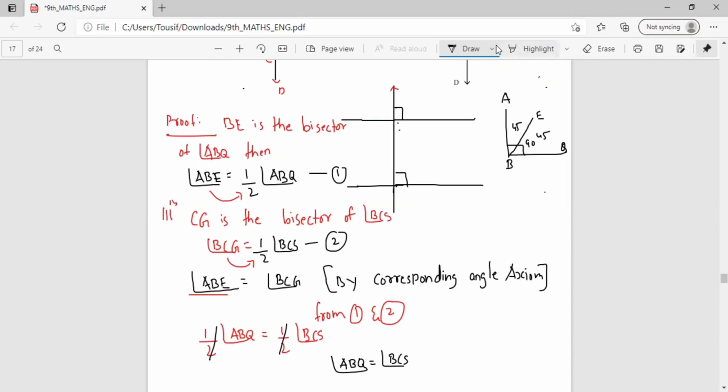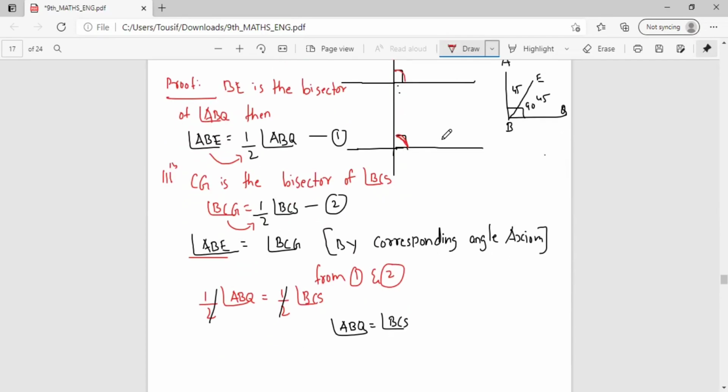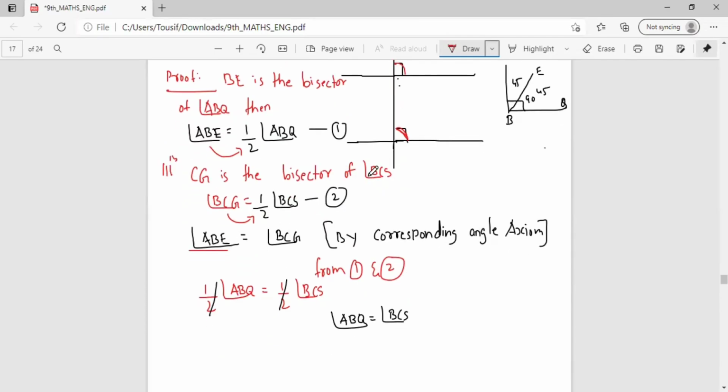As you can see, we have proved that these angles are equal. Now we did not use any property, right? And these angles are lying on the same side of the lines. So upon which lines are they lying? We can consider those lines are parallel. So we will give the reason for that. What's the reason? Let's see.